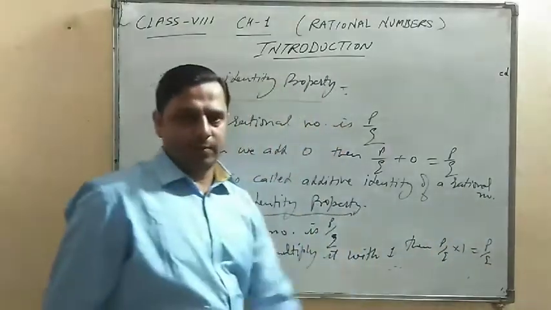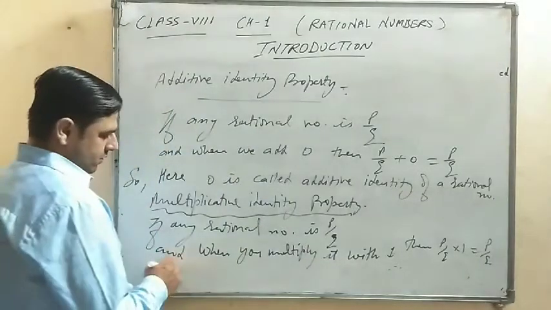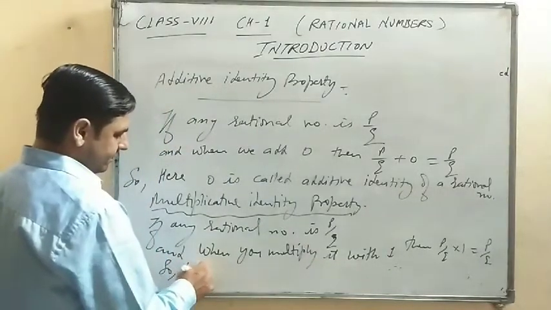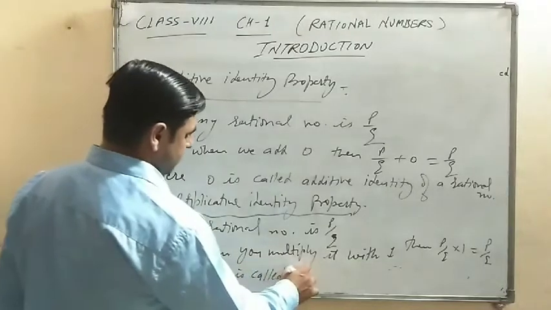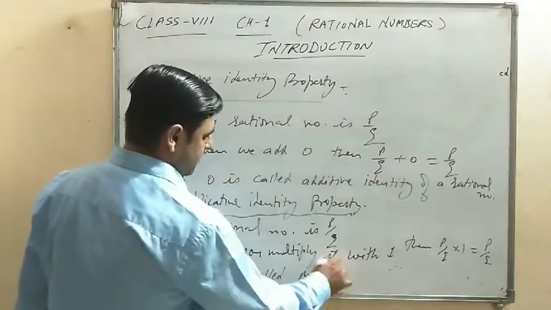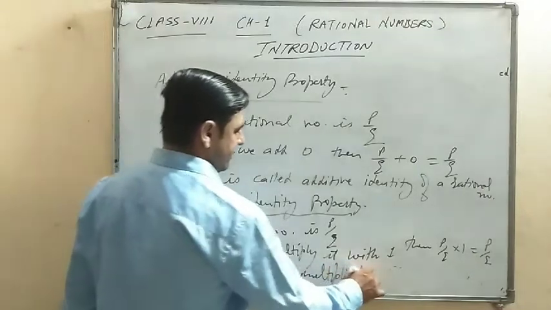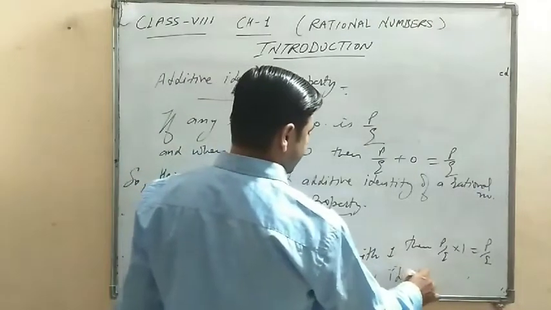You will get the same result. So here 1 is called the multiplicative identity.